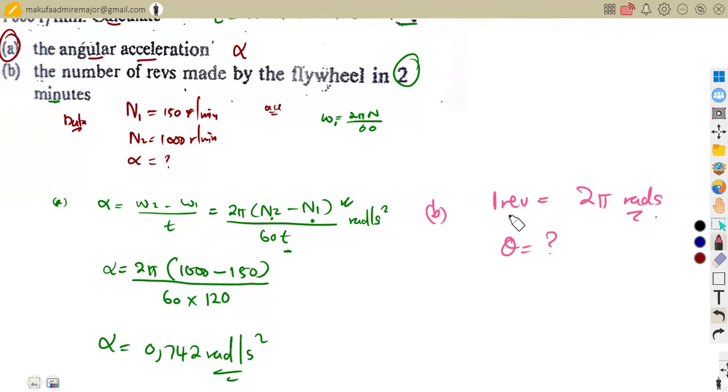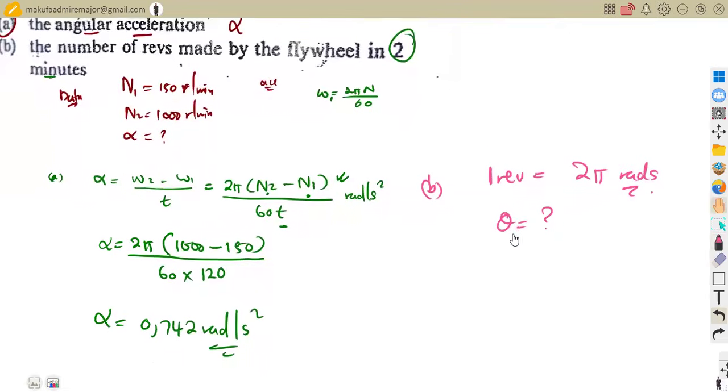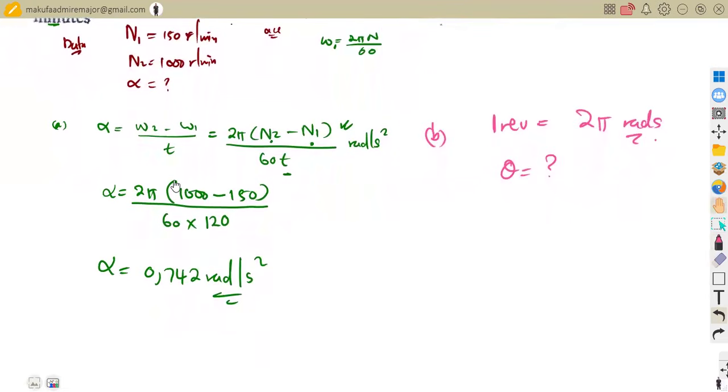Remember that theta is the angular displacement. When we are given omega 1 and omega 2, and we have the time, theta is equivalent to the average velocity, that is (omega 1 plus omega 2) over 2, times the time. This is the formula that you can use to find theta in radians.